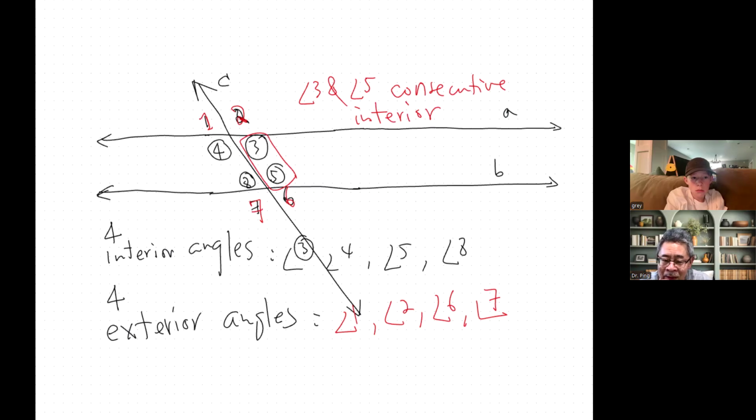So 3 and 5 are consecutive interior angles, and also 4 and 8 are consecutive interior angles.